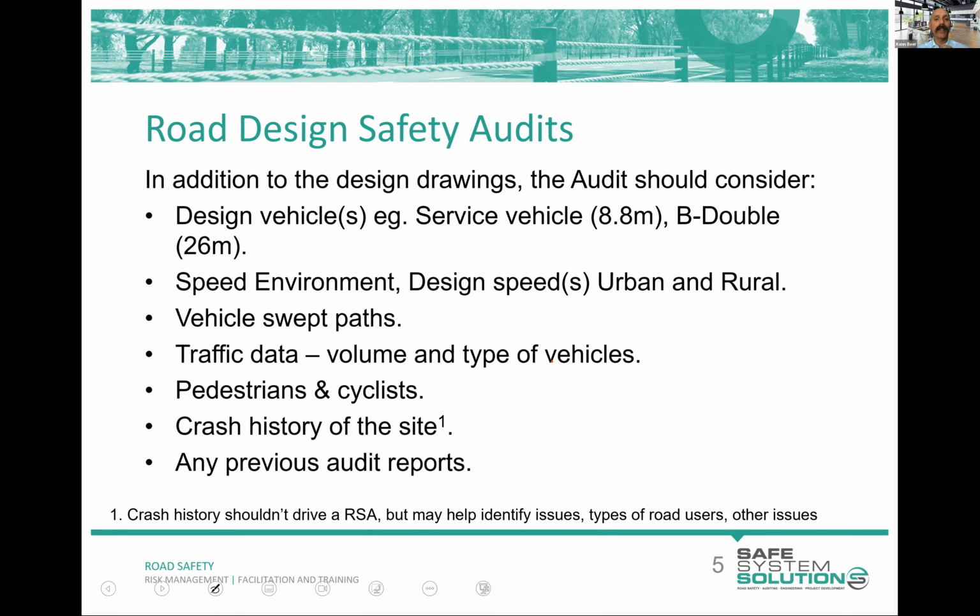Usually they'll have some documentation to say what the design vehicle is, what the checking vehicle is, and then you can see whether you think that is logical as a road safety auditor, from either your knowledge of the area or when you're on site looking at it, and you might see a lot of larger vehicles than they have said. We're also thinking about the speed environment, the design speeds, urban and rural, all these swept path diagrams, and I'm going to show you some of those, and I'm going to talk to you a little bit about the terms I was just using there: design vehicle and checking vehicle.